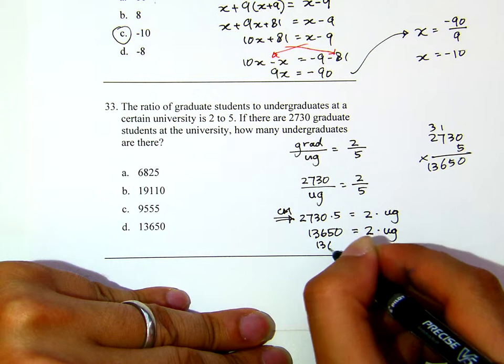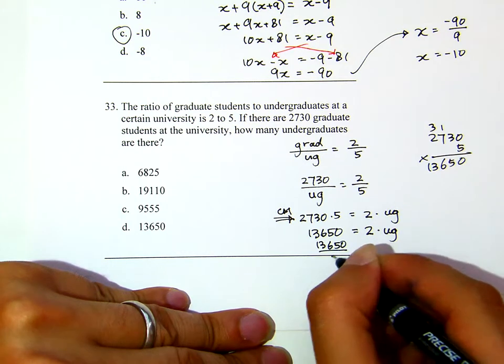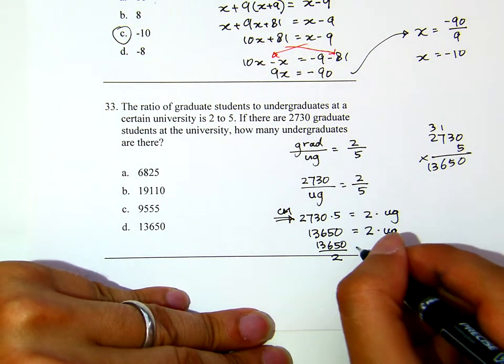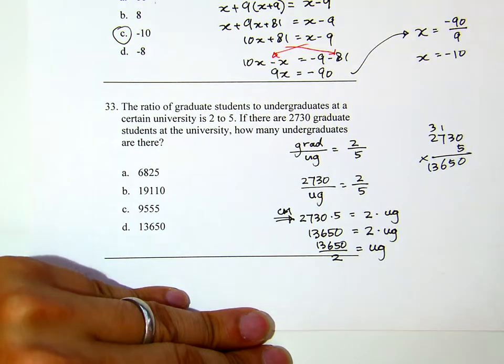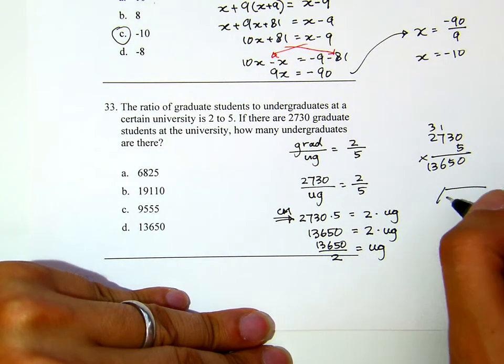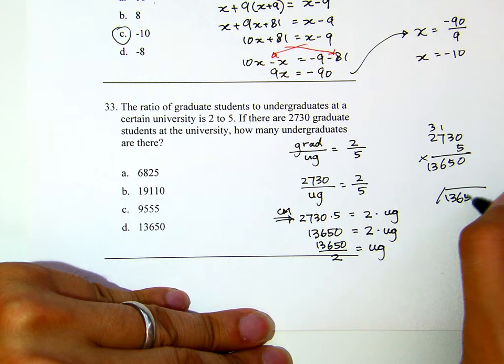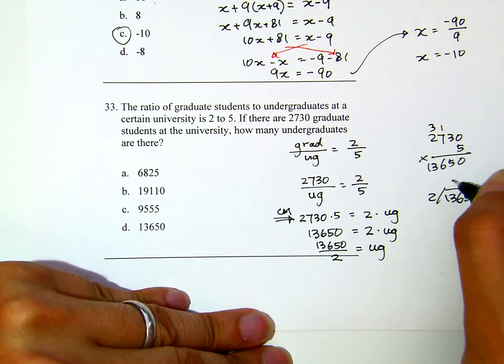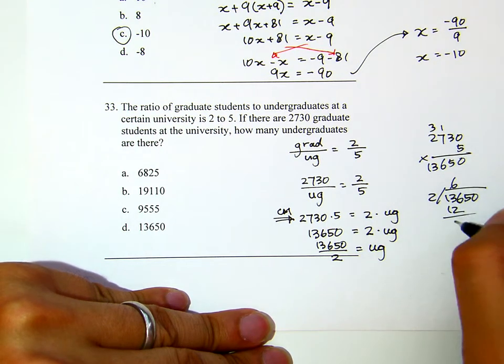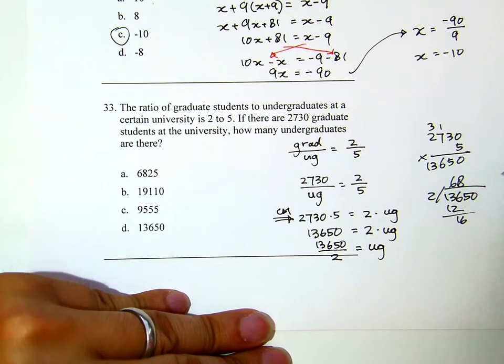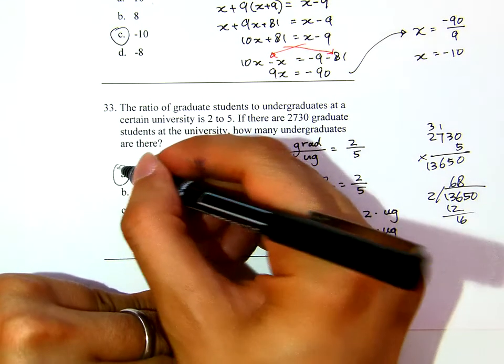Now 13,650 divided by 2 will be the number of undergraduate students we have. Let me divide that by 2. It will be 6, 8. Do we have that? Yeah, we already have that. That's the one, right?